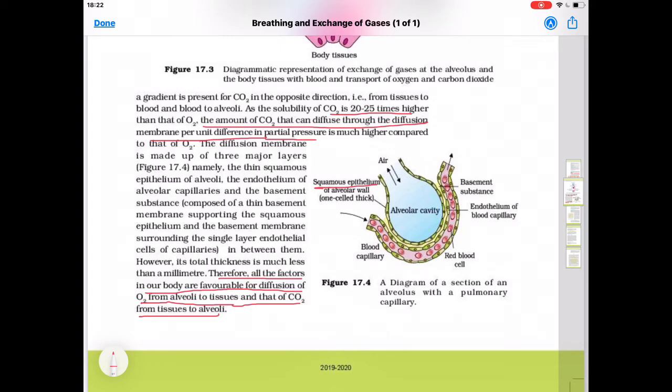So all these factors are favorable for the exchange of gases, oxygen from alveoli to the tissue region, and from the tissue region, where this oxygen is used, carbon dioxide is taken back into the blood.